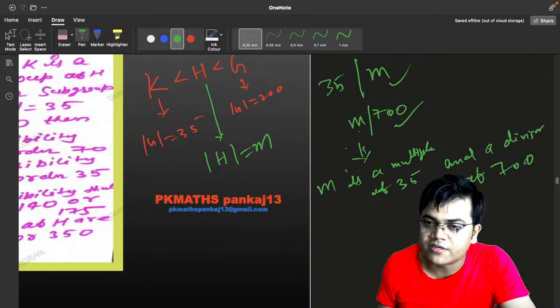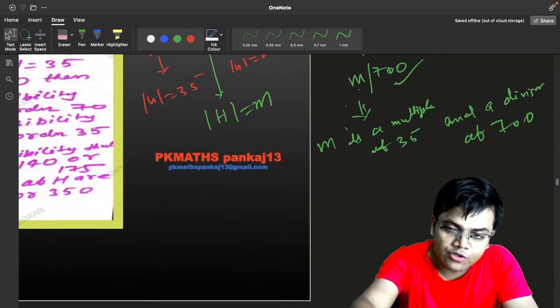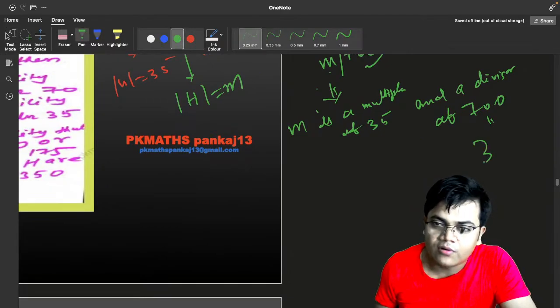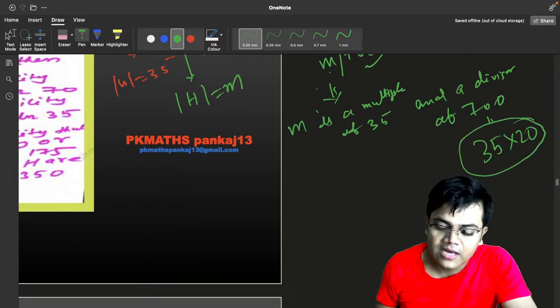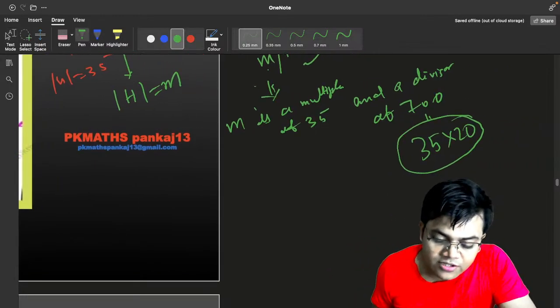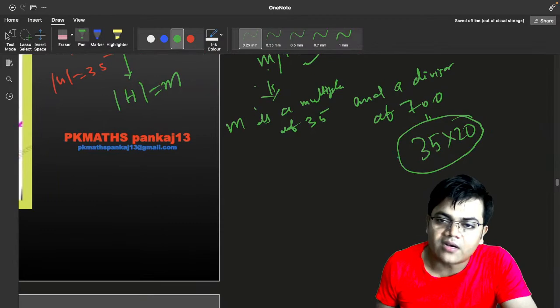Now how shall you write this 700? You can write this 700 as 35 into 20. And what are the possibilities? Thus the possible values of M are what?